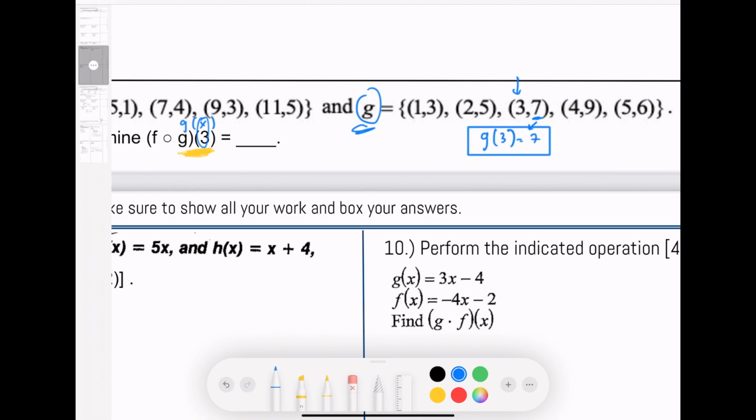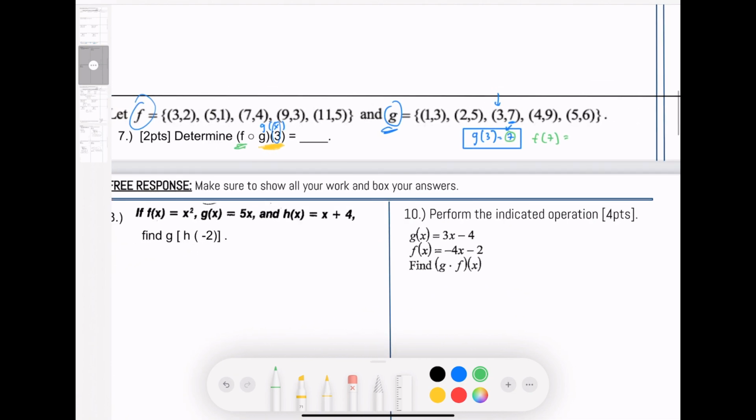Okay. Now, I'm basically finding 7 is now my input for f. So f of 7. So now I'm going to go to f over here and look for where my x value, the input, is 7, and the output I want is 4. So my answer is 4.